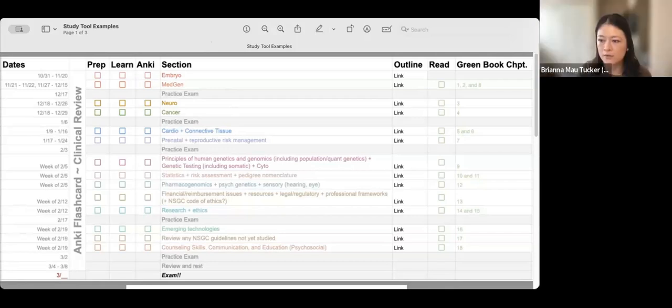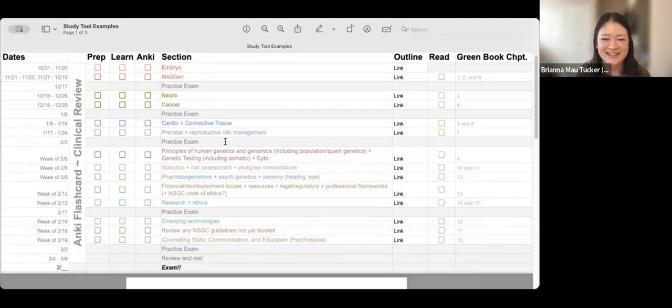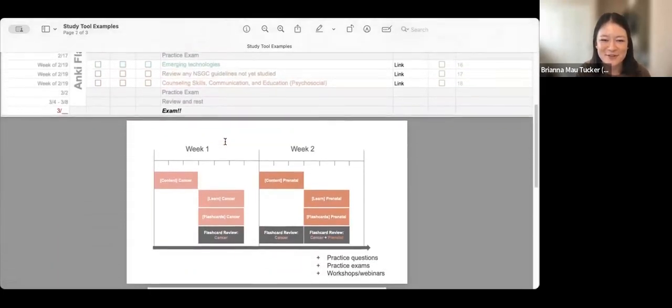Yes. So for me, I mentioned a couple of times already that I looked at how other people have studied for exams like this. And based on what I read, I created an approach for myself that I think really worked for me. So I'm going to show the other image that I have.